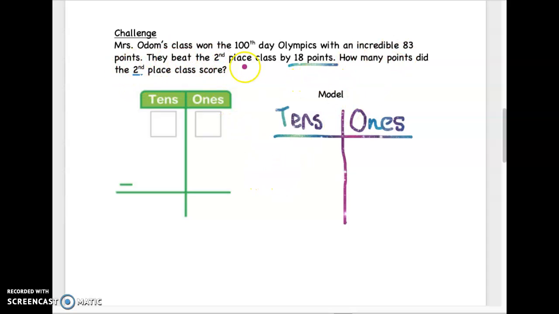So to find out how much the second place class scored, I think I'm going to draw a model. I'm going to draw Mrs. Odom's class's 83 points. So I have 1, 2, 3, 4, 5, 6, 7, 8. I have 8 tens and 3 ones.